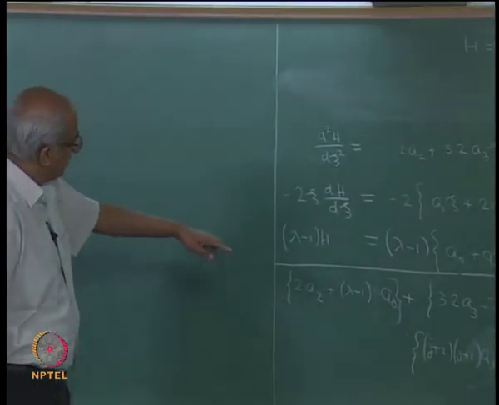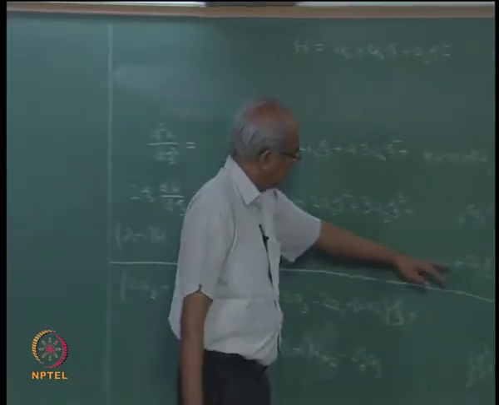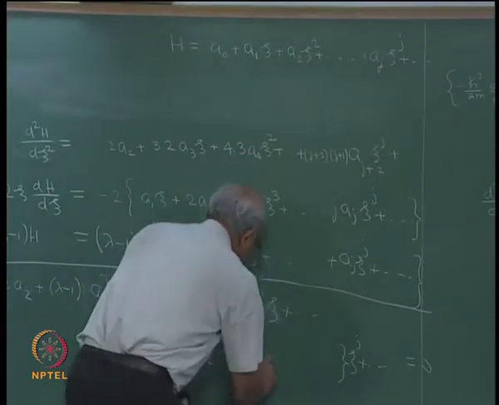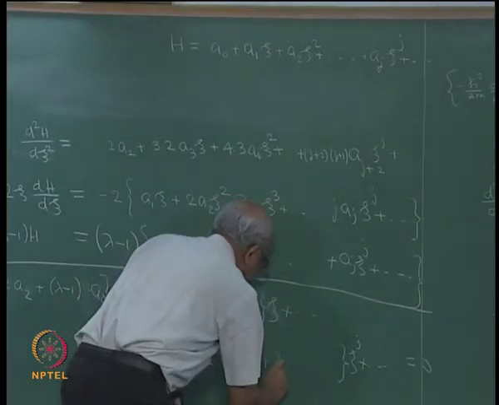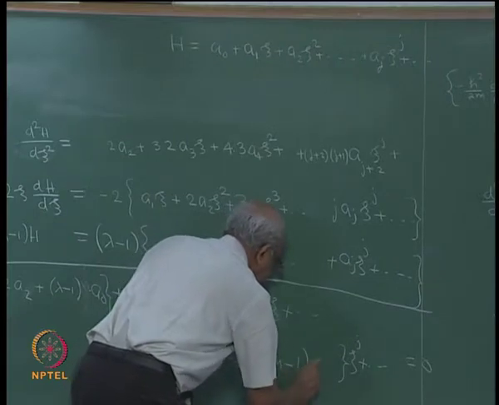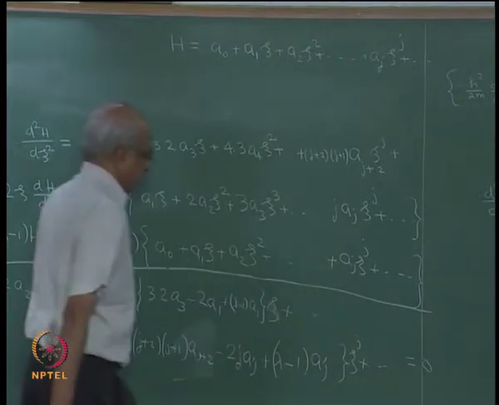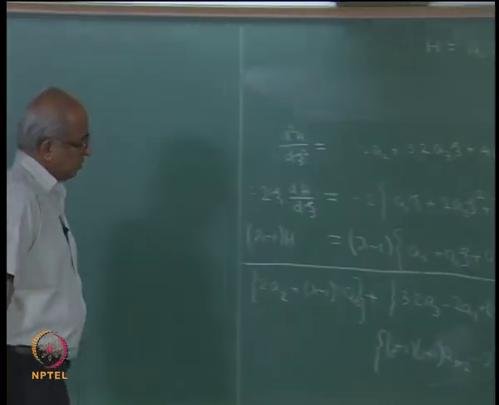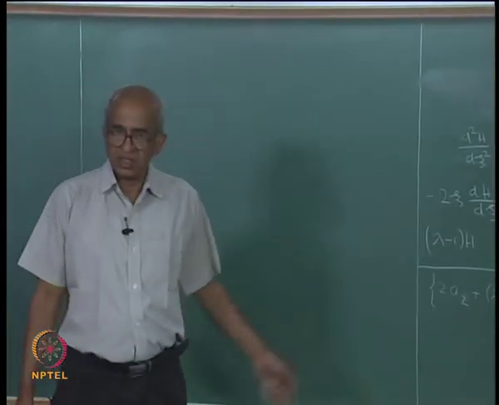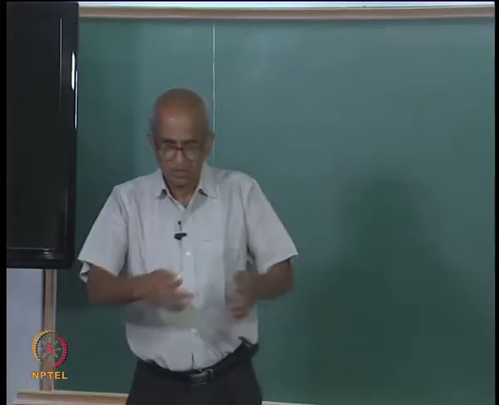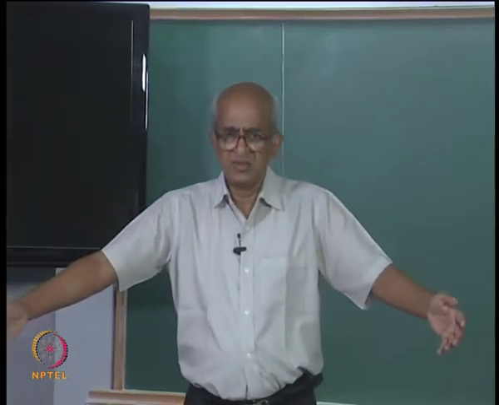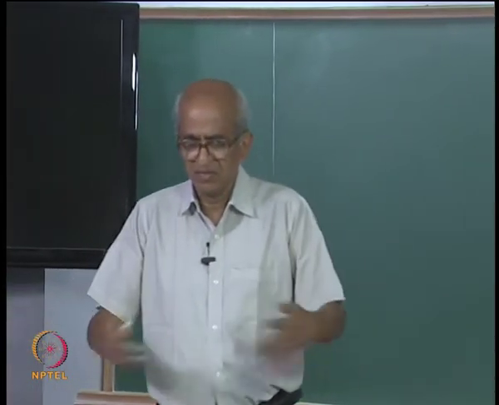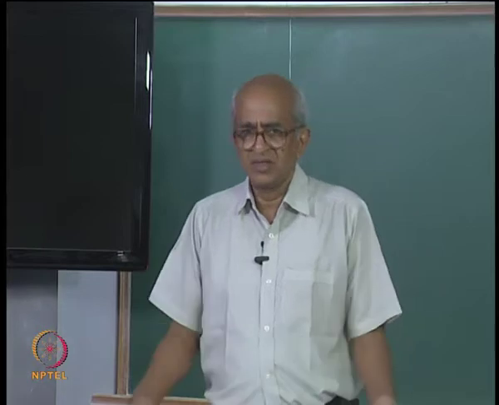And what is the contribution from this line? That is going to be plus (lambda minus 1) a_j, correct. So, you have an infinite series involving c.